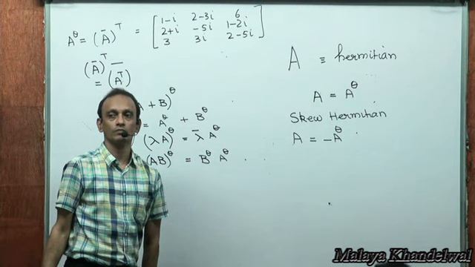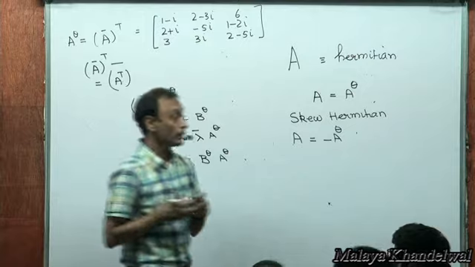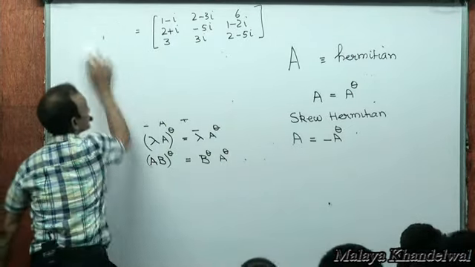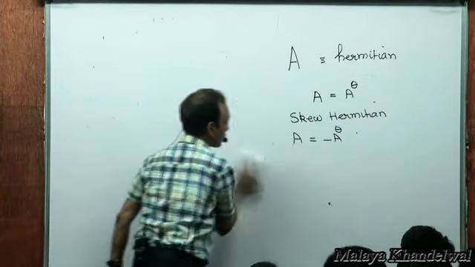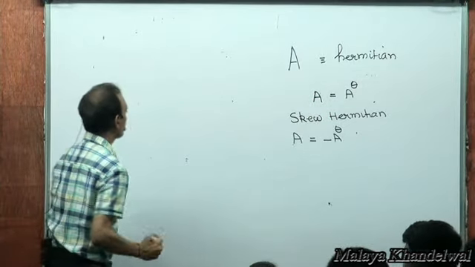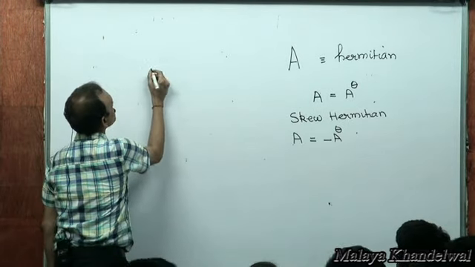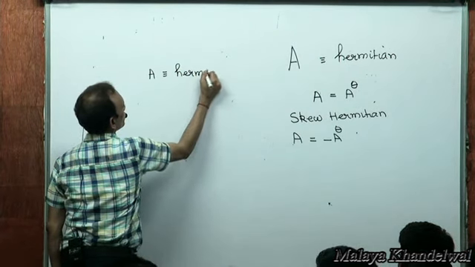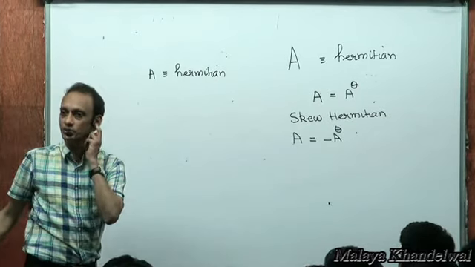Now, one very simple, easy observation. Suppose A is a Hermitian matrix.